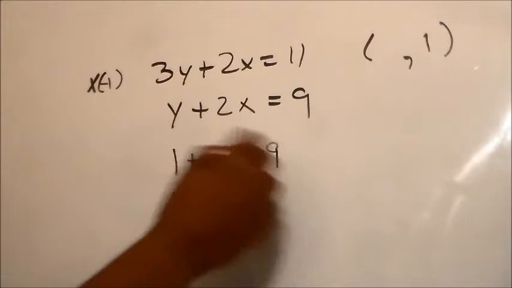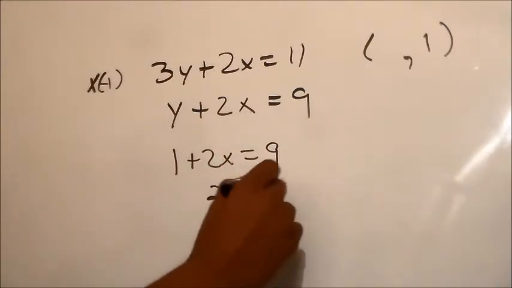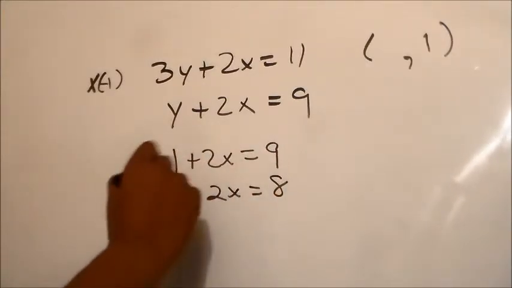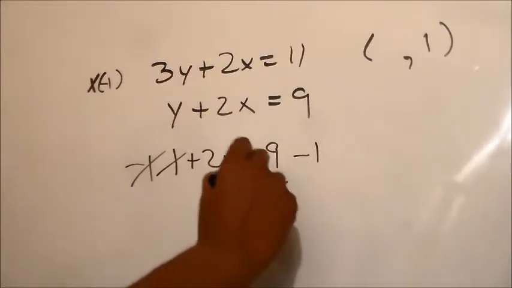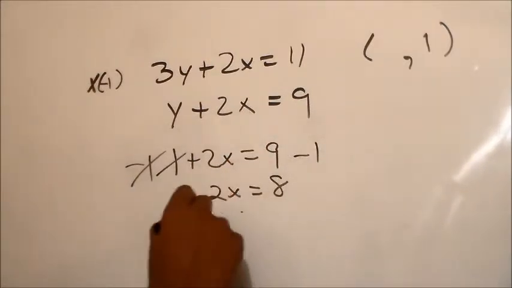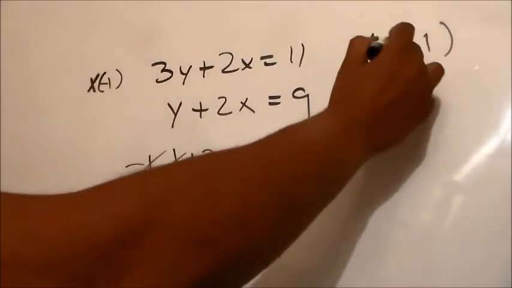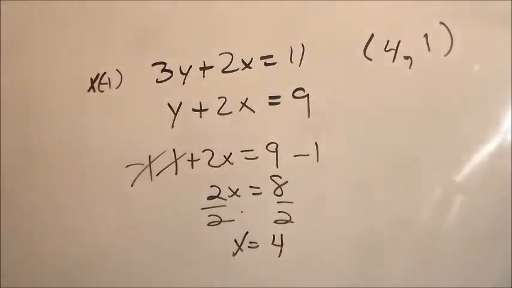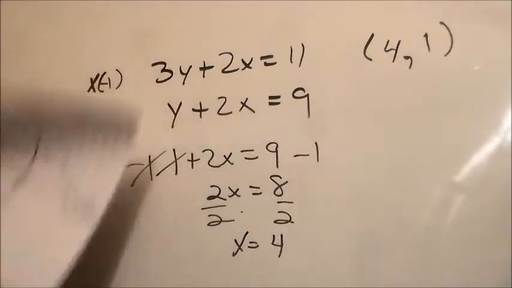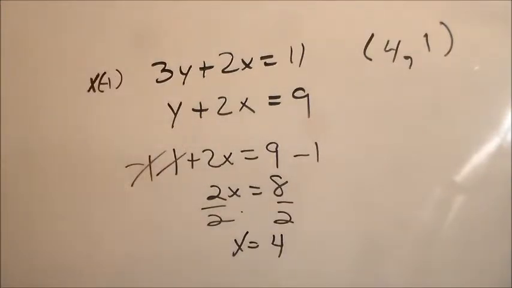Subtract 1 from both sides: 2x equals 8. The minus 1s cancel out, and 9 minus 1 is 8. Divide both sides by 2, and x is equal to 4. So 4, 1 is the place where these two lines intersect.